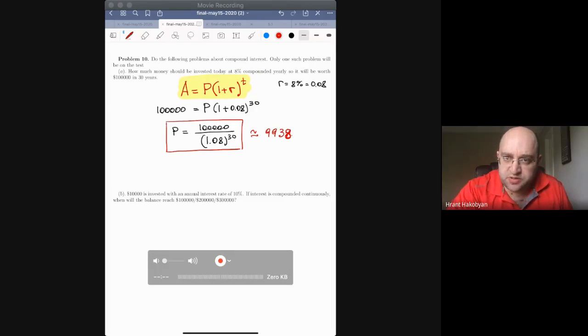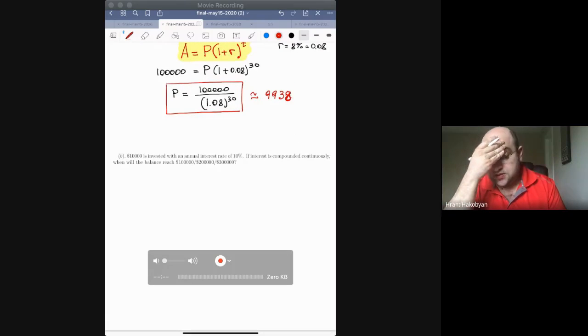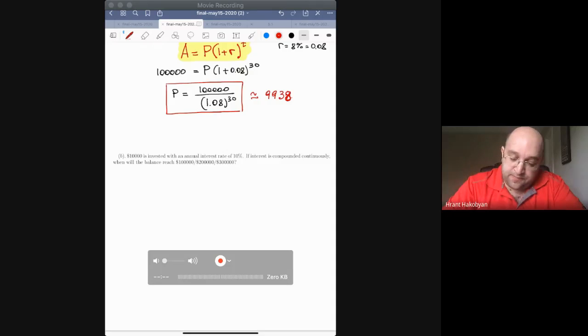Are there any questions about this problem? Okay, then let's do the next one. The next one is similar, but what we're using is an account which is compounded continuously, so the formula is different.